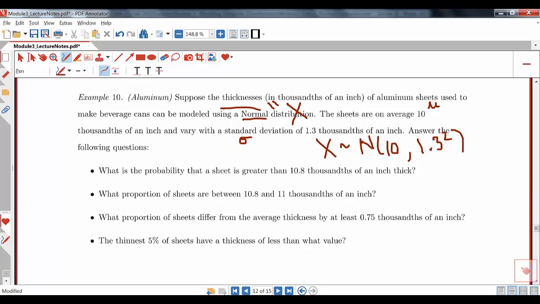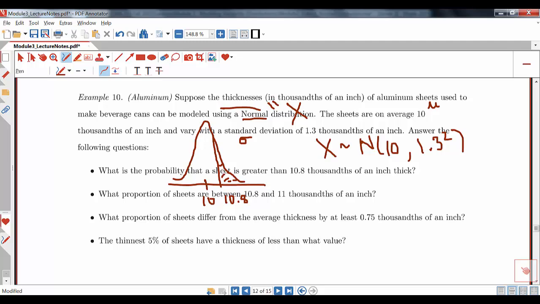Okay, and now we're just going to answer questions like we did in the previous section. So what's the probability that we grab a sheet and it's greater than 10.8 thousandths of an inch? If we draw this, the center is 10, and I'm finding the probability that I have a sheet that's bigger than 10.8. The picture's not necessarily drawn to scale, so I'm just trying to give you the overall shading idea.